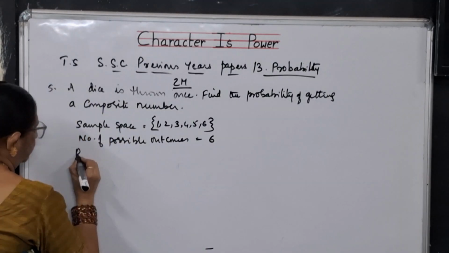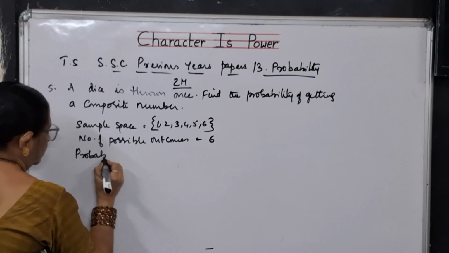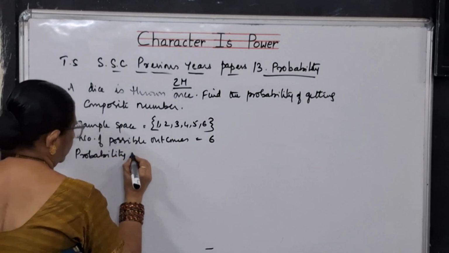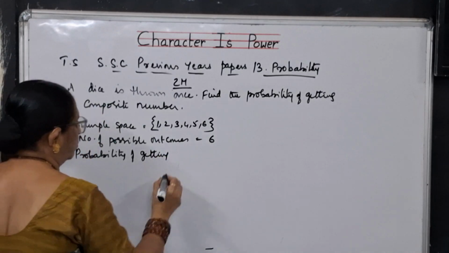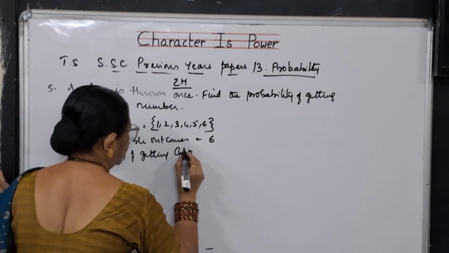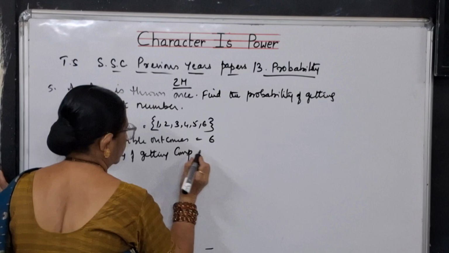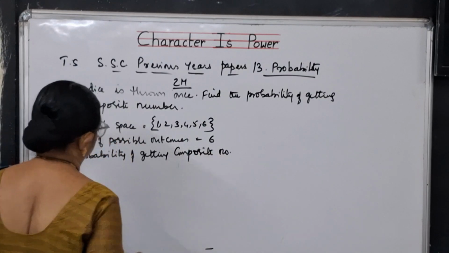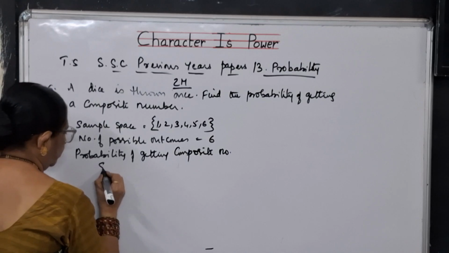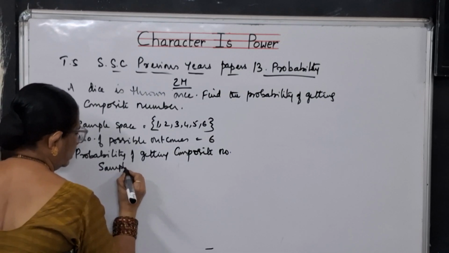Now you want probability of getting composite number. So what is this probability of getting composite number?